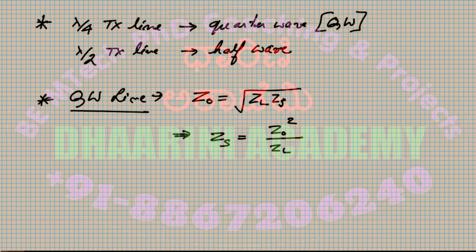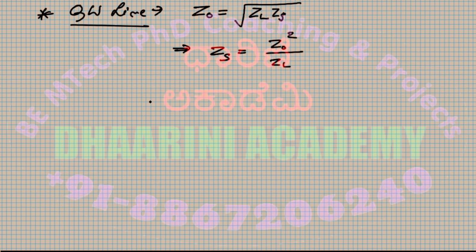Here, the other terms we are very familiar with. Z naught stands for the characteristic impedance, and ZL is the load impedance. But what is ZS? ZS is the impedance of the source looking towards the load.